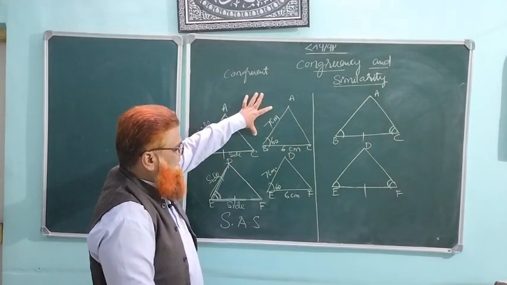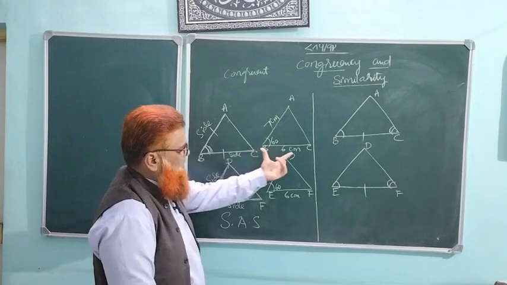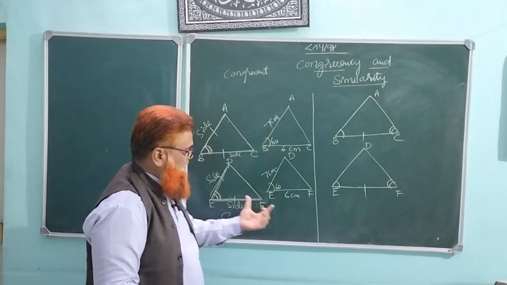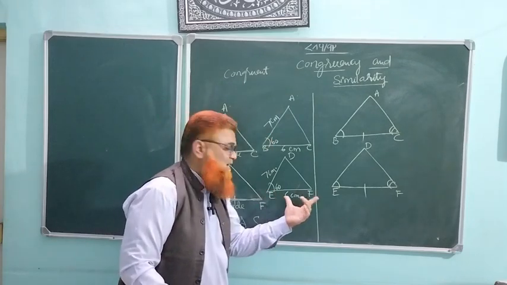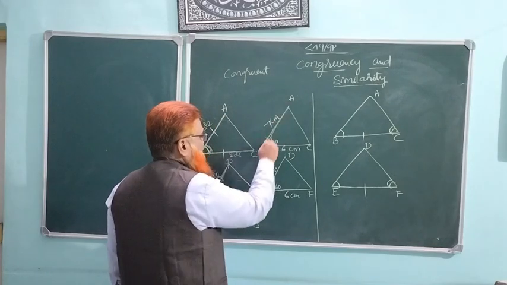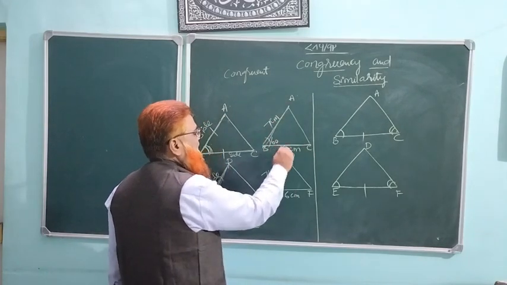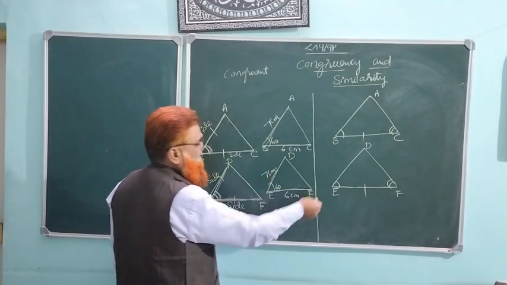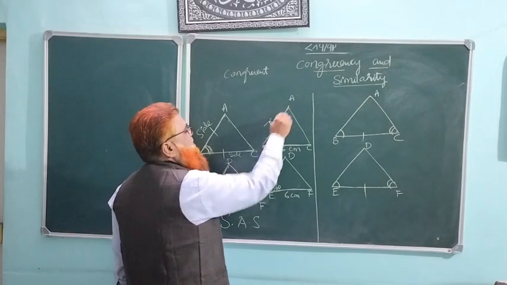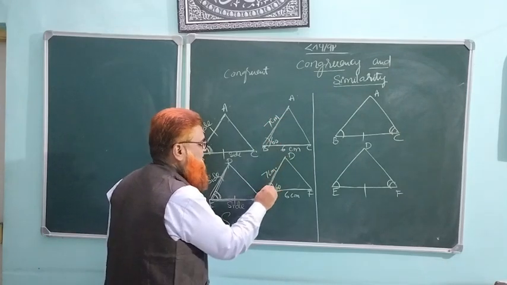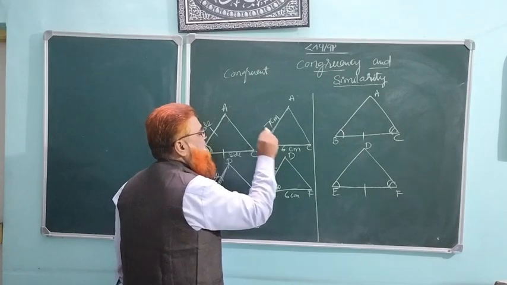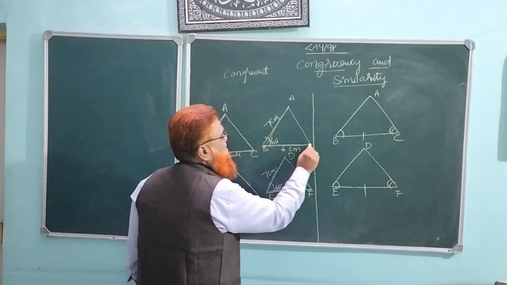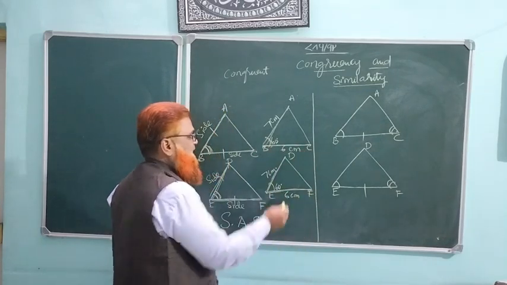What do you find? In the first triangle, side AB is 7 centimeter, angle B is 60 and side BC is 6 centimeter. For triangle DEF, side DE is 7 centimeter, angle E is 60 and EF is 6 centimeter. One side, one angle and another side of one triangle are the same as one side, angle and another side of the other triangle. AB is 7 and the corresponding side DE is also 7, angle B is 60 and the corresponding angle E is also 60, and side BC is 6 and EF is 6.